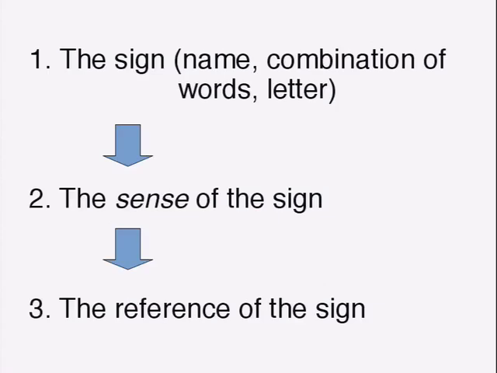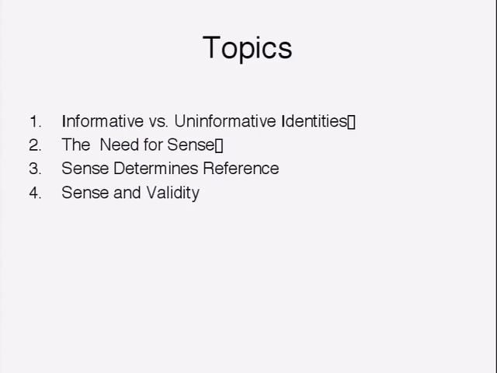So in the analysis of signs that stand for objects, you need three things. There's the sign itself, there's the sense of the sign, and there's the object the sign stands for. There's the take that the sign expresses on the object. And you need that if you're going to explain how come there's this difference between informative and uninformative identities. That's why you need a notion of sense.